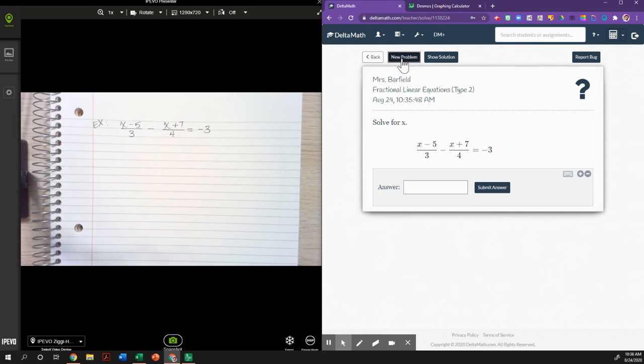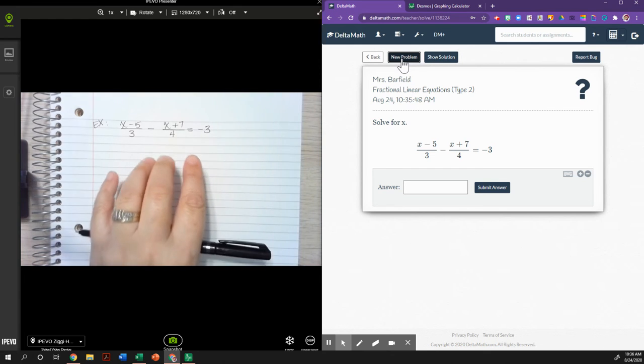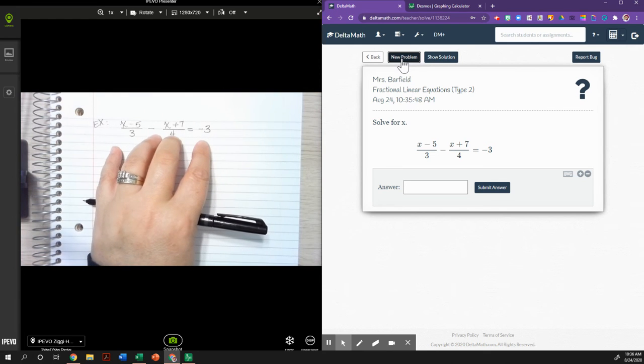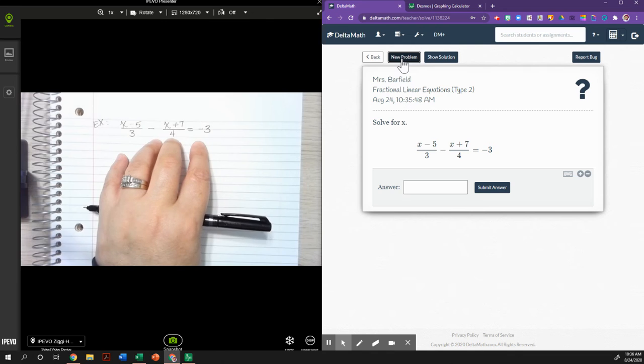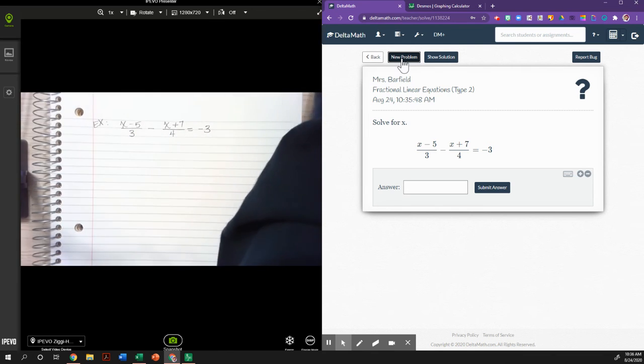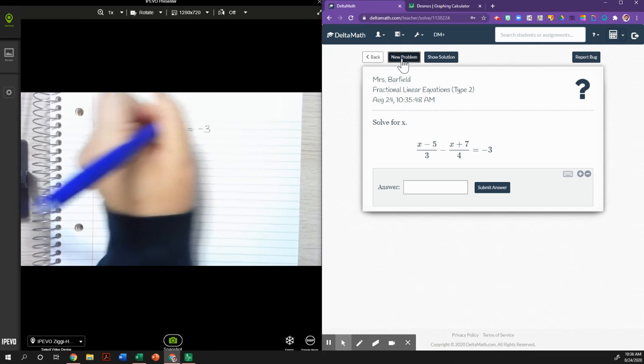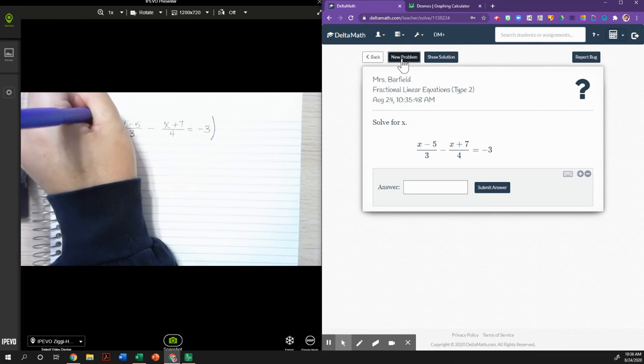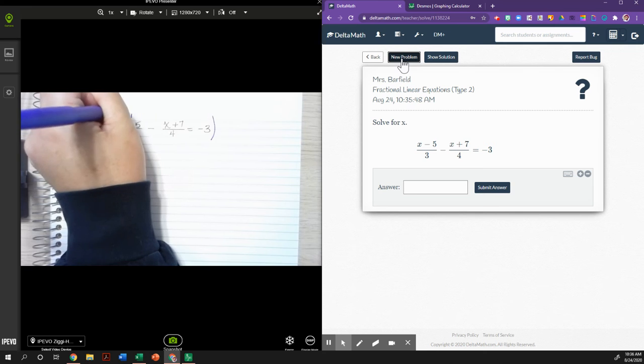Okay. All right, so I need to multiply this entire problem by the common denominator. The common denominator for 3 and 4 is 12. So I'm going to multiply.